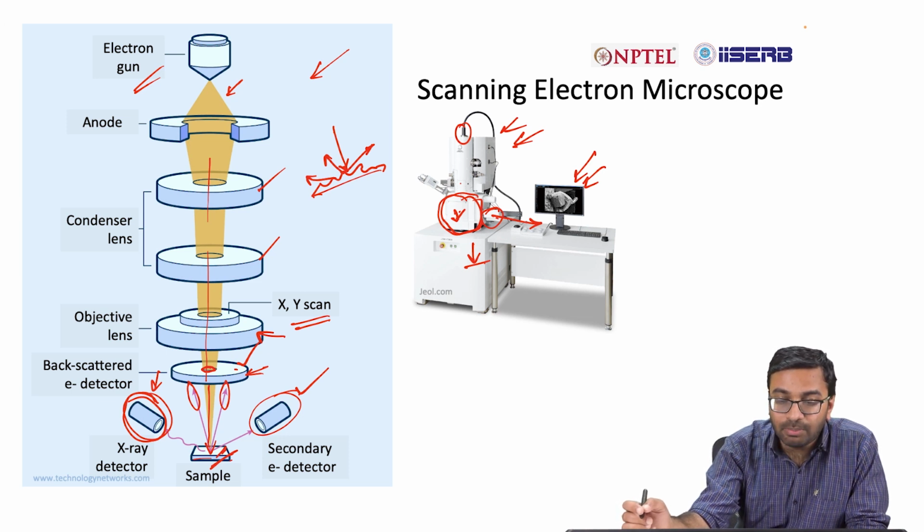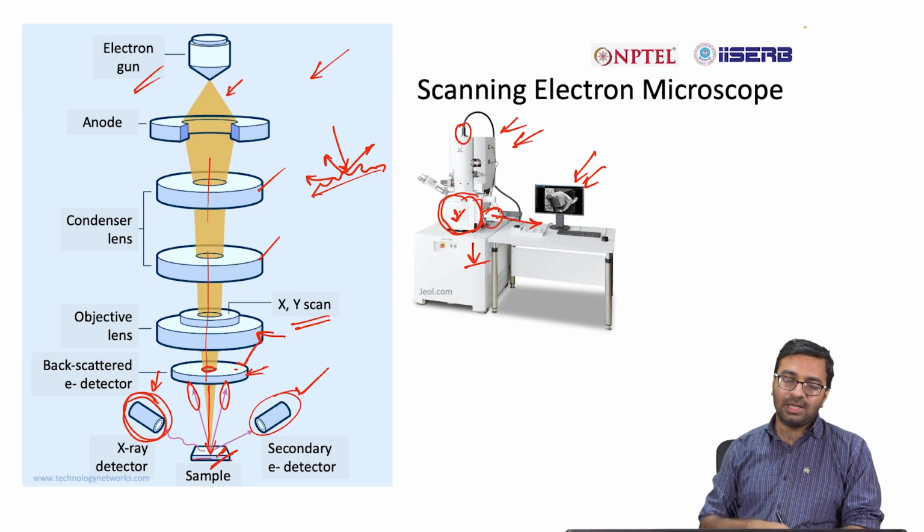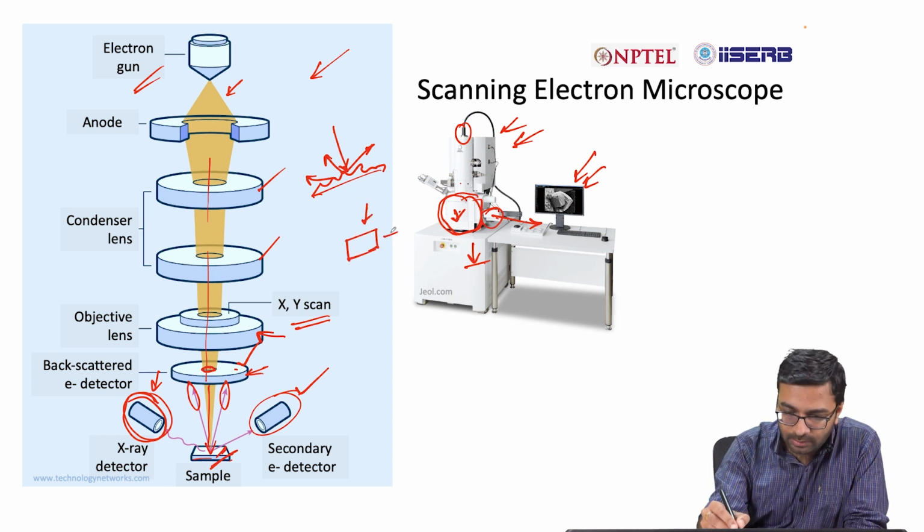Now sample preparation is also a very important aspect of imaging technique. In case of optical microscopy, sample preparation is quite simple. However, in this case, you have to make, say, a 1 centimeter by 1 centimeter substrate, and then you have to attach your sample.